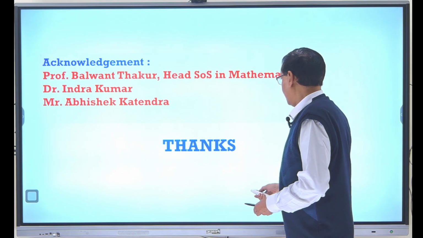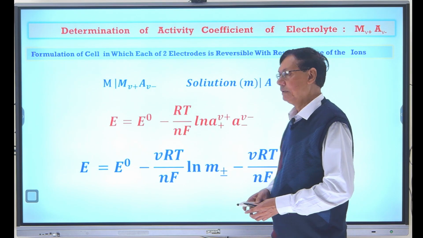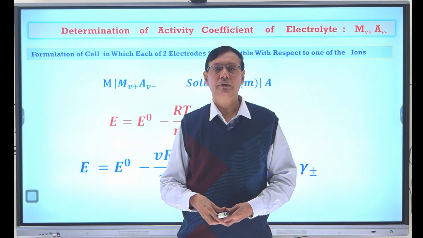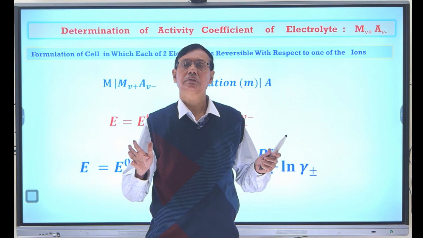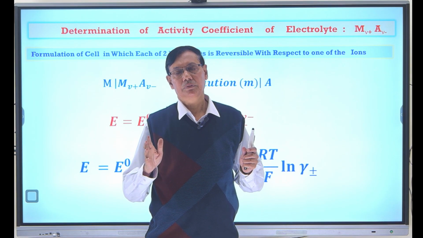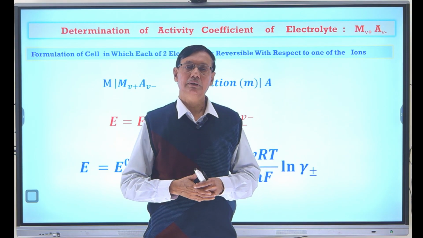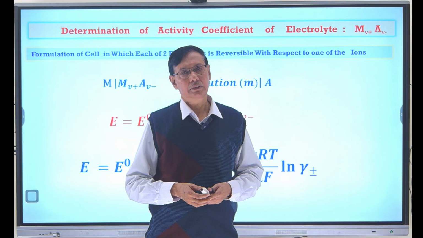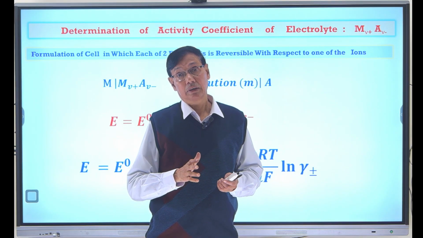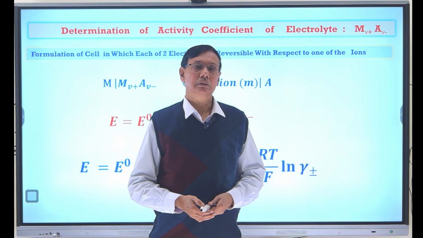So friends, I hope that you really, because it is not at all difficult, but you have to derive this equation for univalent. Just I derived using the hydrochloric acid, and similarly any types of electrolyte can be determined by this, the simplest method, and I hope if time permits in next class I will discuss the other methods also.